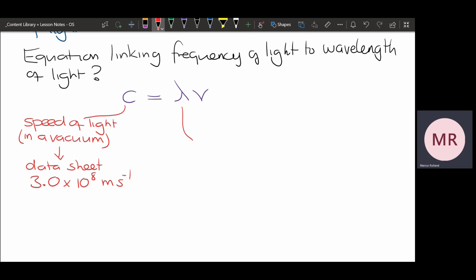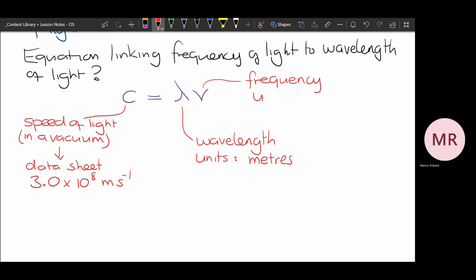Lambda is wavelength, and being a proper science equation, the units are the standard ones, so meters for wavelength. And this symbol is frequency in hertz, which you can also write as f, as in E equals hf.